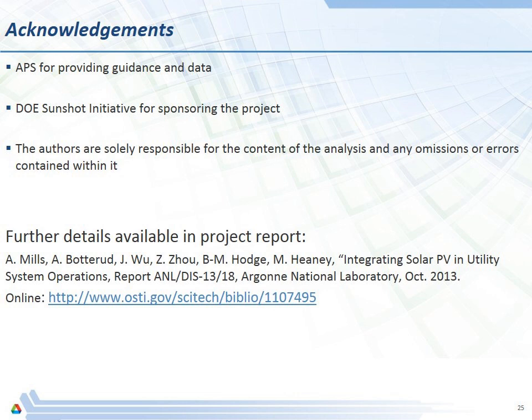But then we simulate what happens when the actual forecast errors show up in the hour ahead, and we have these recourse actions that the utility can then use, like starting fast-start units or changing the dispatch of units that are already online. And what we saw was that we were largely able to meet all of those requirements in the cases we focus on, even though we weren't doing anything in the day ahead to prepare for those day-ahead forecast errors. So there was enough flexibility in the system to manage that.